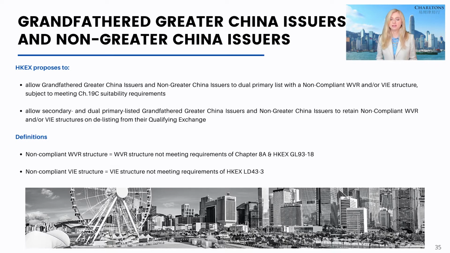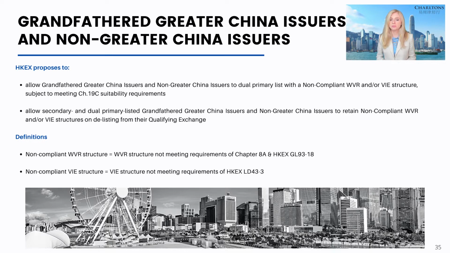A non-compliant VIE structure is a variable interest entity structure that doesn't meet the requirements for VIE structures under Listing Decision 43.3 as set out in Hong Kong Exchange's Guidance Letter 94/18. This is because all companies seeking a primary or dual primary listing on the exchange with a non-compliant weighted voting rights and/or VIE structure are required to amend these structures to satisfy the relevant requirements in order to list on the exchange.